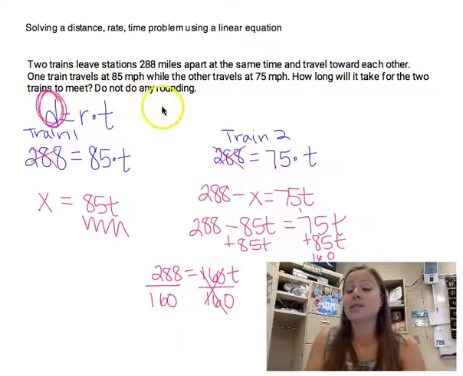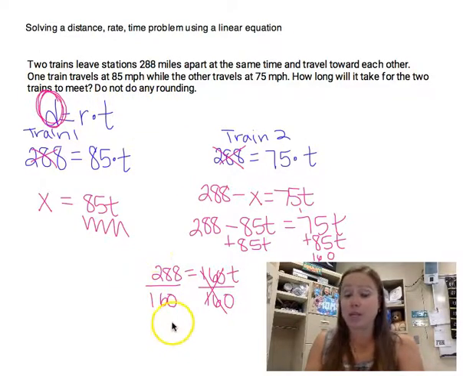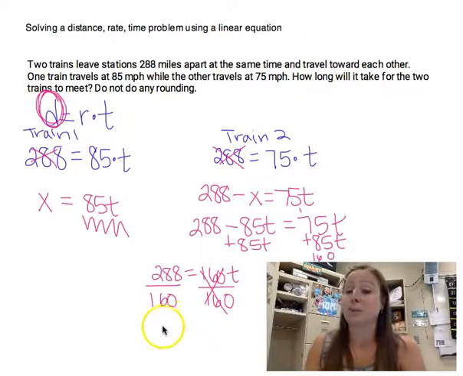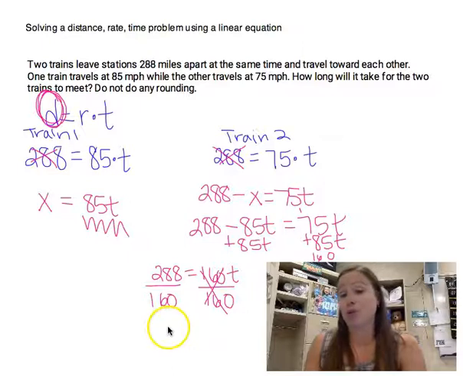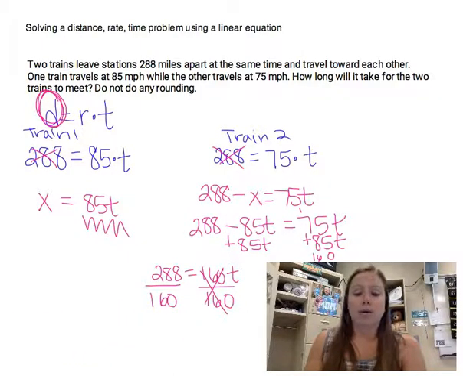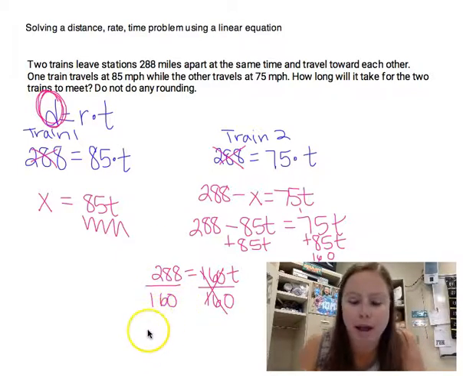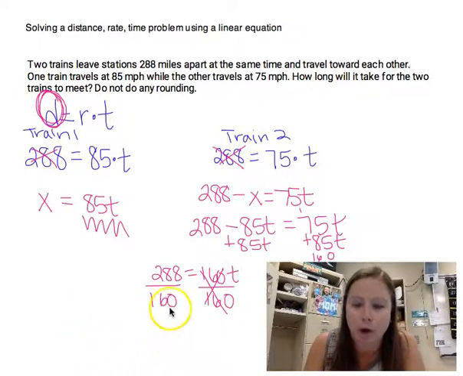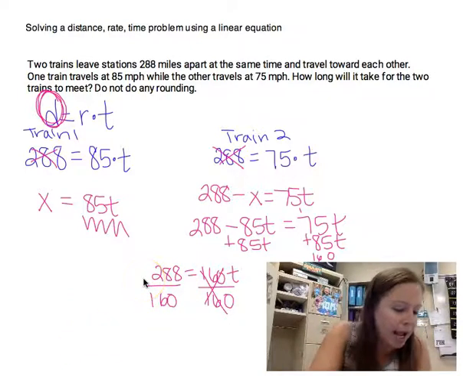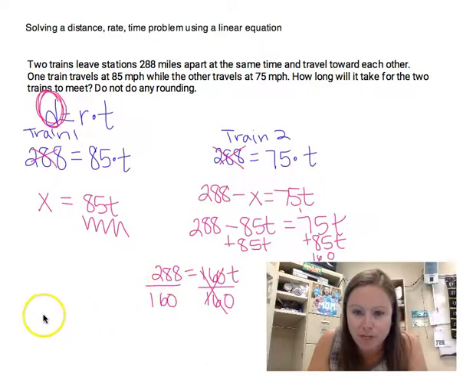Now, it says not to do any rounding, which means that typically when they say not to round, they want you to leave it as a fraction. So I would work to reduce this, and if you're not using a calculator, of course, it'll take a little longer to reduce, but I know for sure because both of these are even that it is divisible by 2.